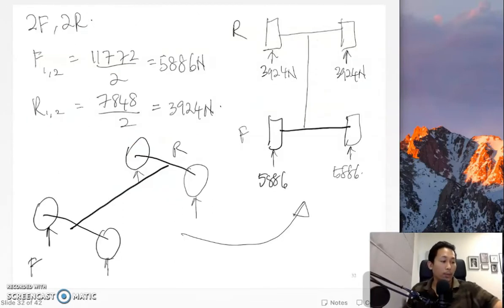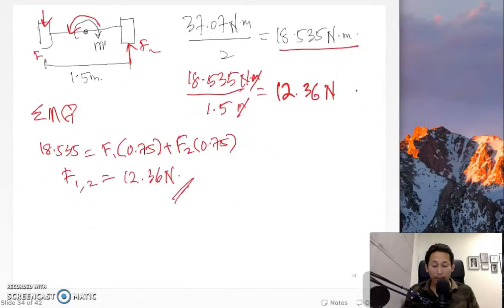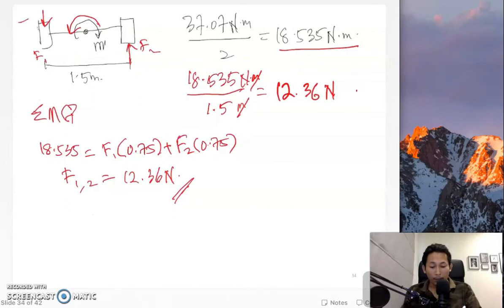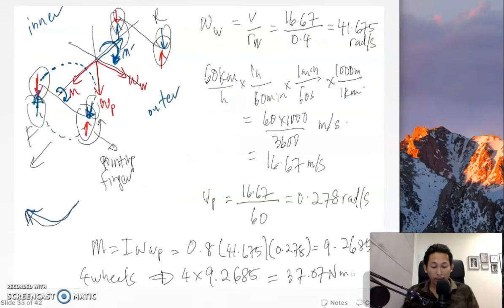Alright, so from our figure, the force acting on the tires of the vehicle is 12.36 Newton. For F1 and F2, the inner is going down and the outer is going up.